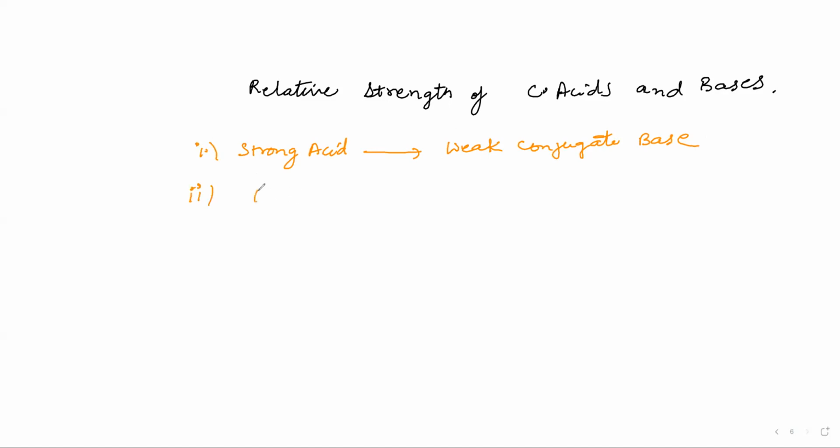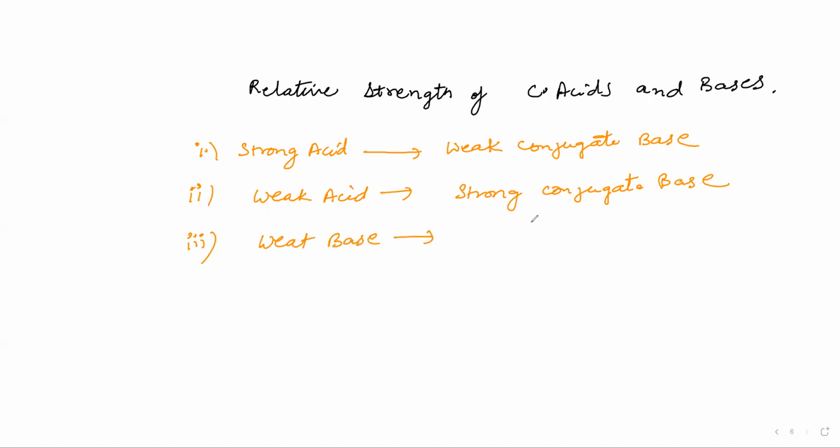If you have a weak acid, it will make a strong conjugate base. If you have a weak base, it will make a strong conjugate acid.